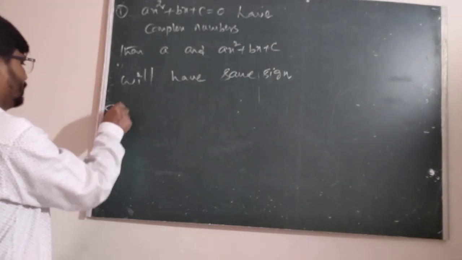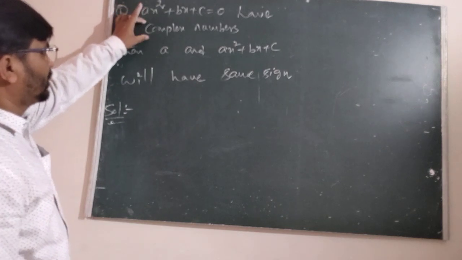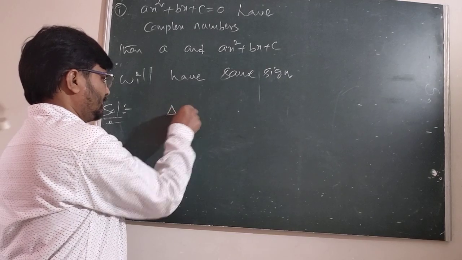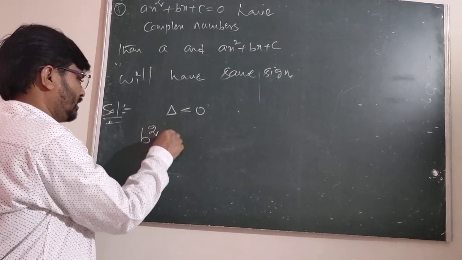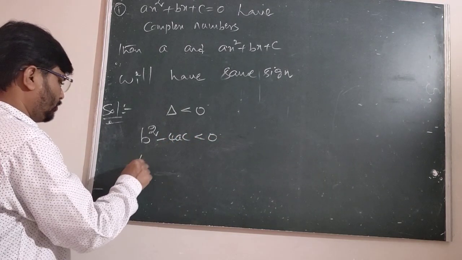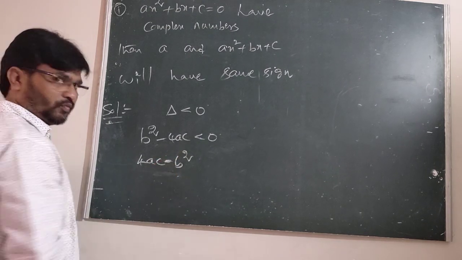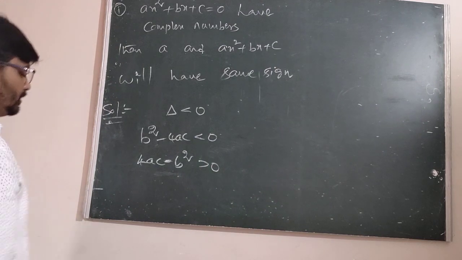Now here the given quadratic equation has roots that are conjugate complex numbers. That means the discriminant must be less than 0. B square minus 4ac is less than 0. Therefore 4ac minus b square is greater than 0.